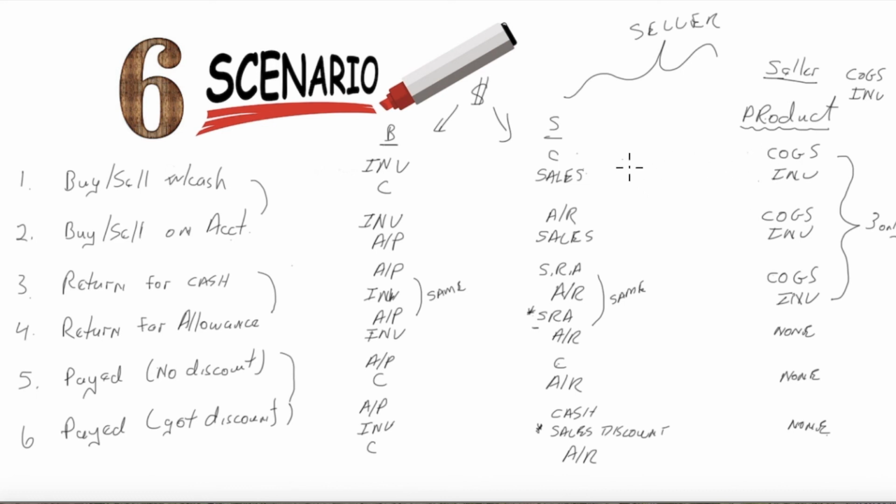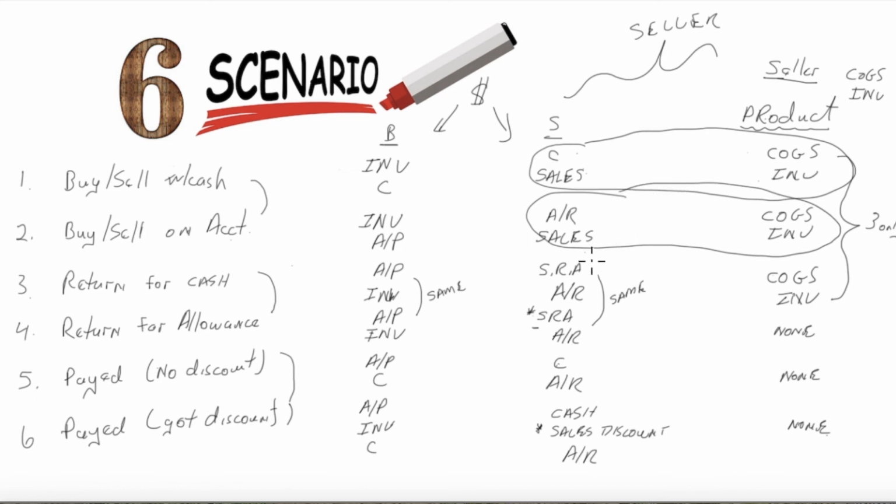So all four of these would be included. These would be four accounts, these four, and these four, but only when you're the seller.